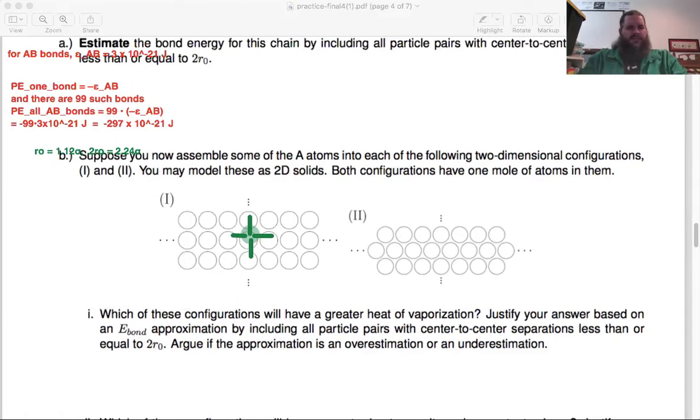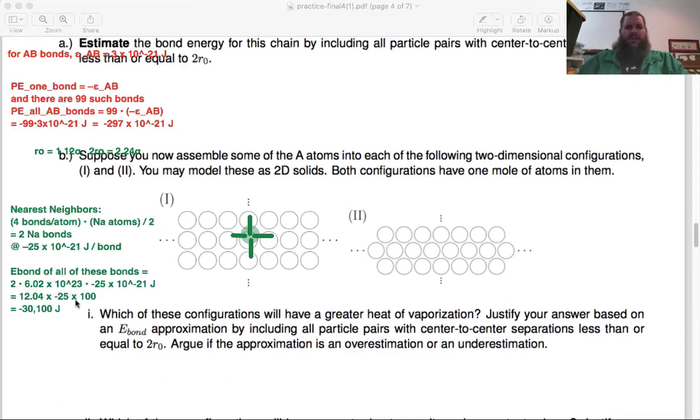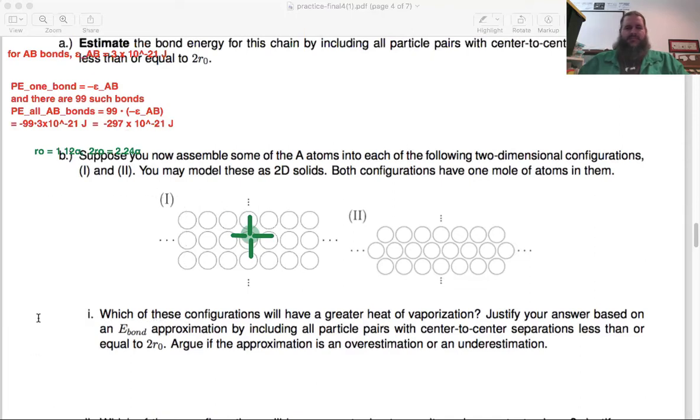So -300. 0.04 times 0.25 would be 1, times another 100. So -30,100 joules. Yeah. So that is the bond energy of all of the nearest neighbor AA bonds. Any questions on that so far? Or we could just say -30.1 kilojoules.